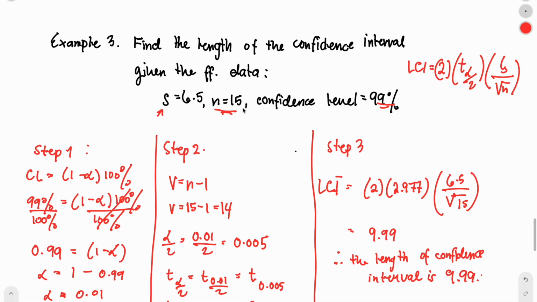So class, I want you to understand that the higher your n value, the lower your length of confidence interval. And we always want the lowest length of confidence interval. Right? So in Bisaya, kung patason nimo ang imuhang number of n, ang imuhang length of confidence interval kay magka-narrow, and that's what we want.